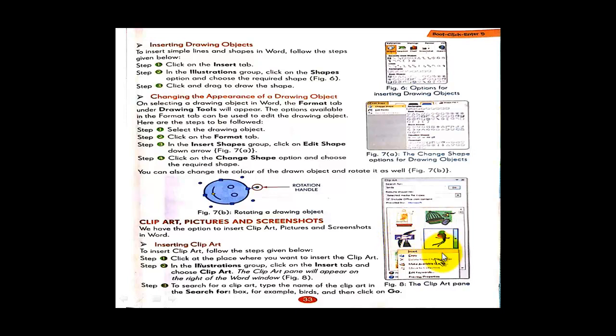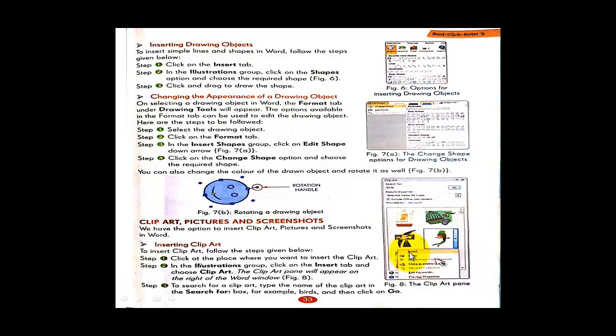Okay, after that, select the clip art you want, then you can click on this arrow down here. Suppose you want this bird, maybe a parrot or some other bird, I don't know which bird it is. If you want this bird, you click here and click on the arrow down, and there will be many options given here.